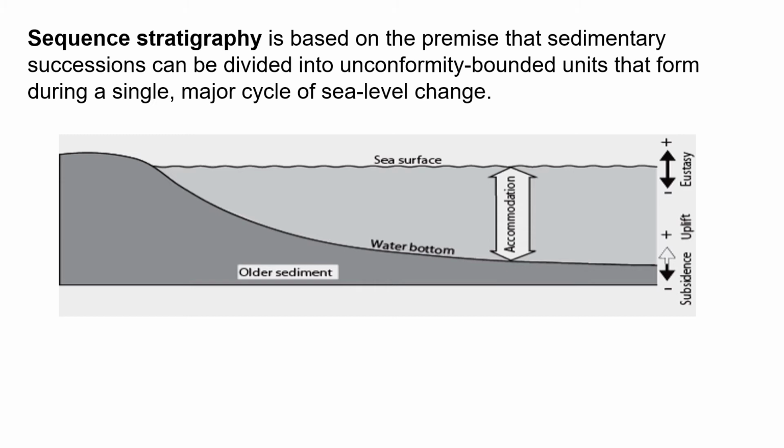This is all based on the idea that our successions of stratigraphic materials and sedimentary rocks can be divided into these unconformity bound units. And these happen during single full cycles of sea level.